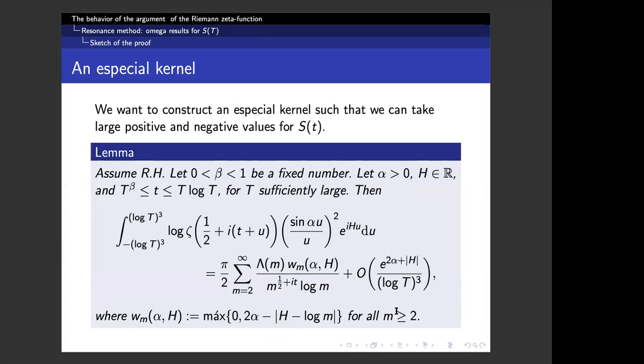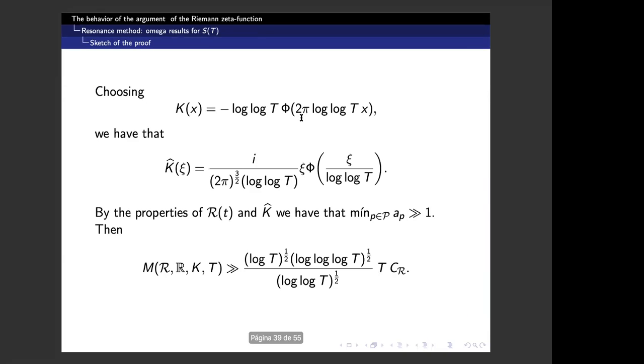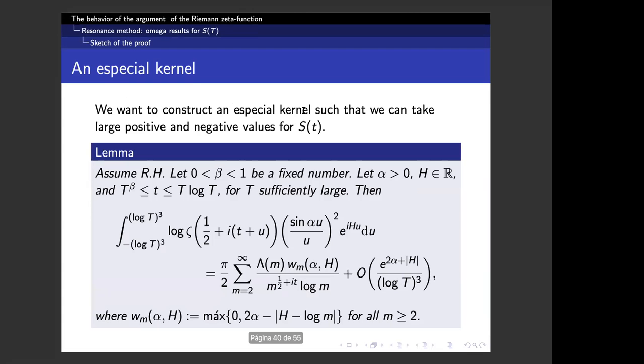This is part of the work with Kamal Mahatab. I would like to construct other kernels different from the kernel of Bondarenko and Seip, that see the sign of the function S(t), taking large positive values and large negative values of S(t).